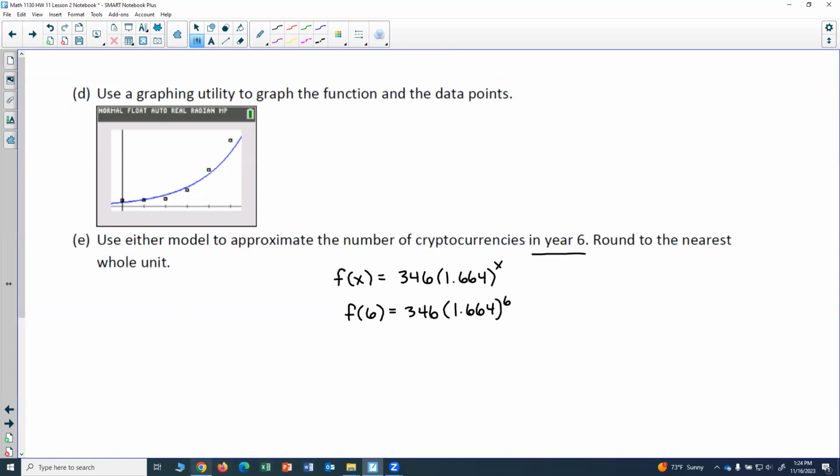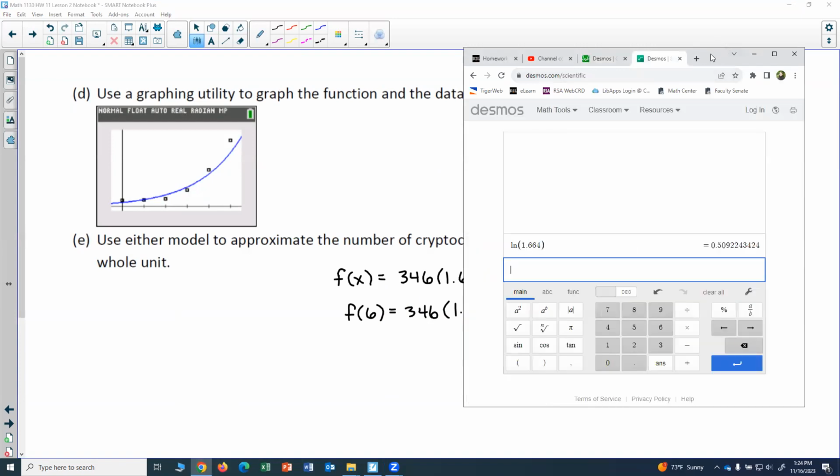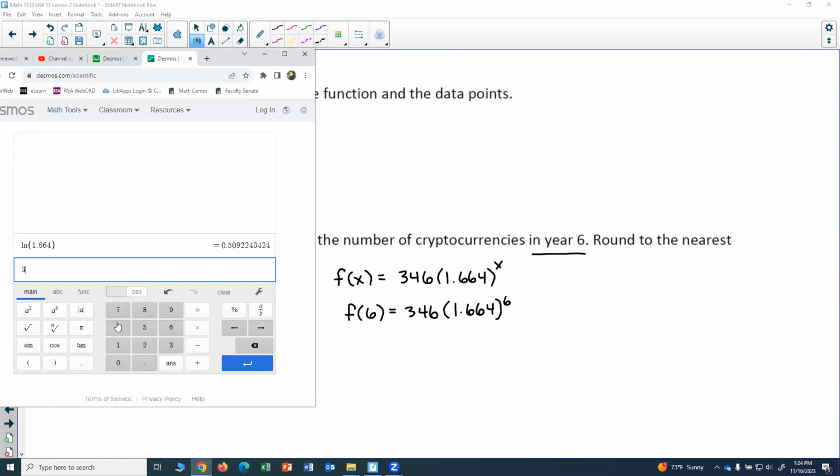To calculate that, if you're using the Desmos calculators, go to your scientific calculator and put in 346, times 1.664, hit the a to the b key, and then put in a 6, and you should get your answer. They say round to the nearest whole unit, so 7,345.